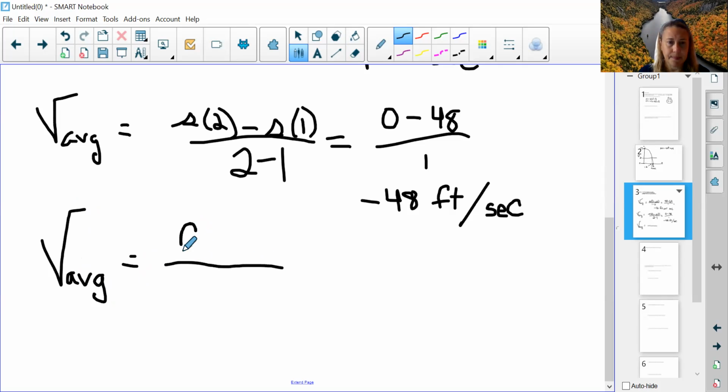What I'm doing is I'm just computing the slope, the difference between the functional values.